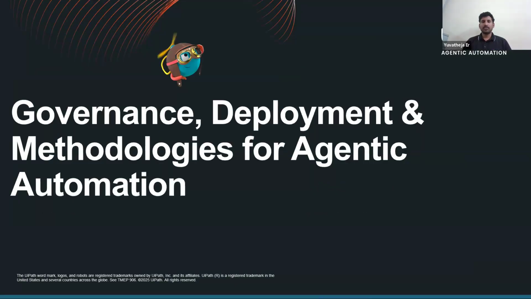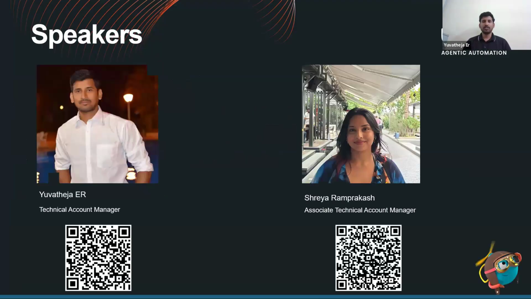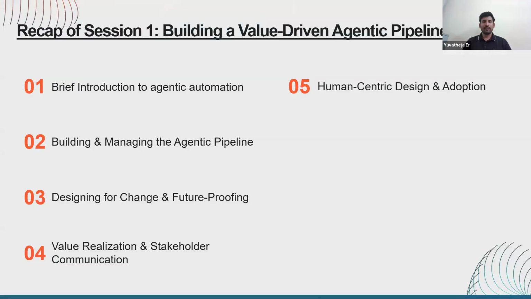So this is our second session topic: the governance and deployment, and of course methodologies for agentic automation. In the initial session, we already covered building a value-driven agentic pipeline. Our colleagues Ram and Ankit explained how agentic automation works, how to build and manage the agentic pipeline, and how you design it and make it future-proof.